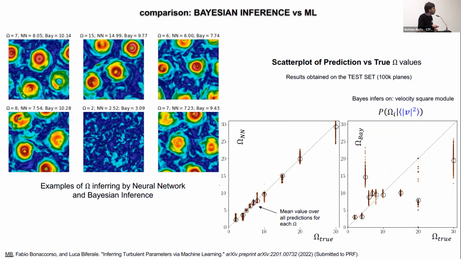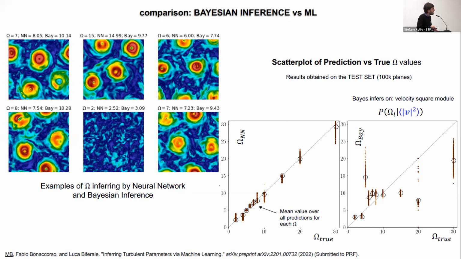And here I'm showing a scatter plot. This is just a visualization with some planes and the prediction, the neural network and the Bayes, with respect to the real value. And this is a scatter plot of the true value versus the predicted, so the predicted by the neural network versus the true value. And here we see that the hexagon symbols are the mean values over 10,000 different planes that were never used during training, of course.